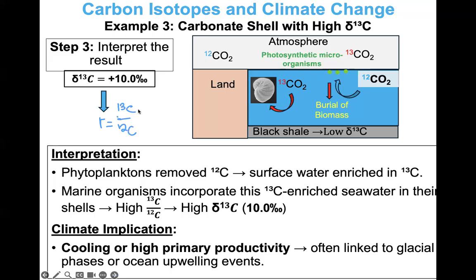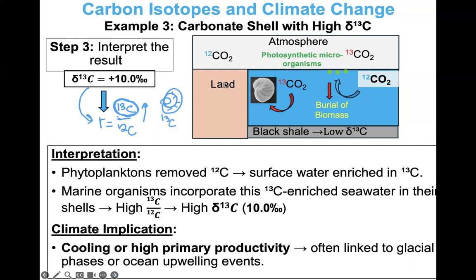So positive 10 means that this ratio is increasing, which means this 13C is increasing. So how do you explain it? How is that possible for a shell to have a higher 13C?